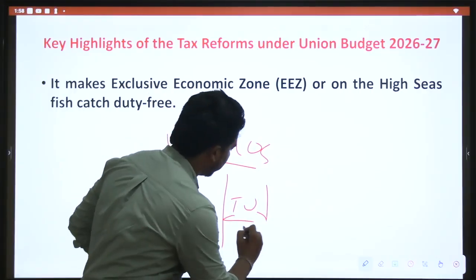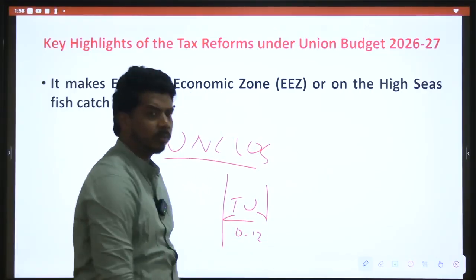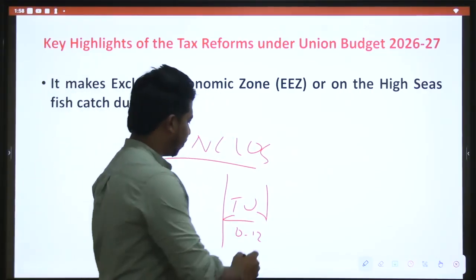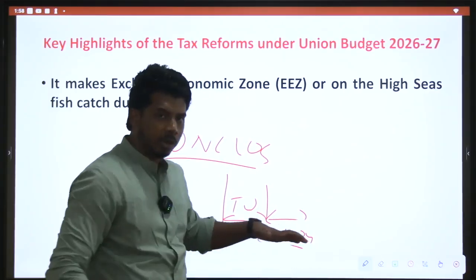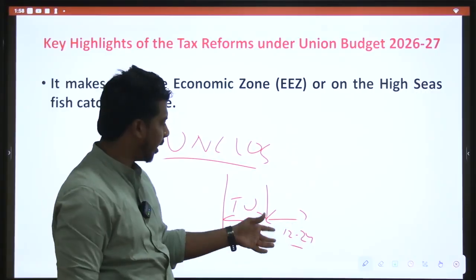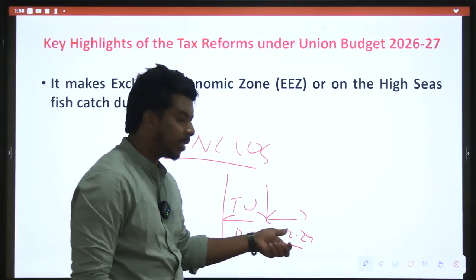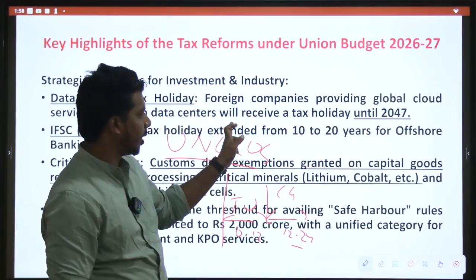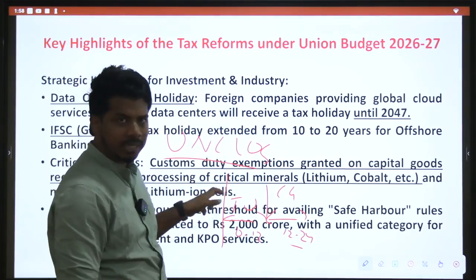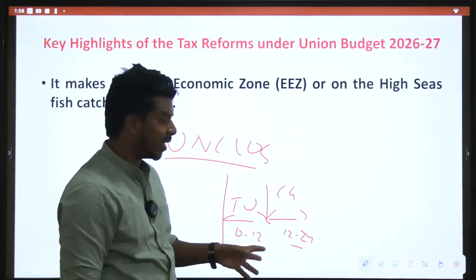So from 0 to 12 nautical miles is territorial waters, and from 12 to 24 it is called the contiguous zone. Okay, just Google UNCLOS, you will see the clear picture of it. It will be very nice.